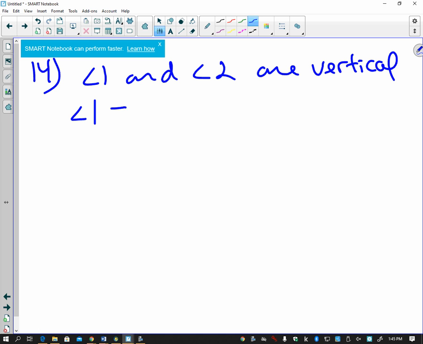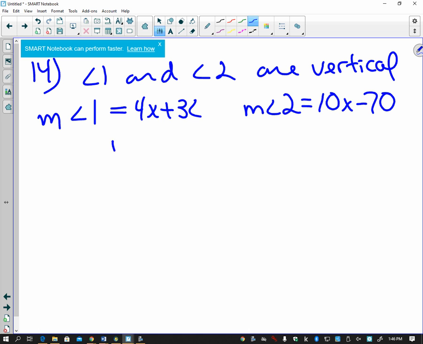Angle 1 equals 4x plus 32. This is 10x minus 70. What is the measure for angle 1?